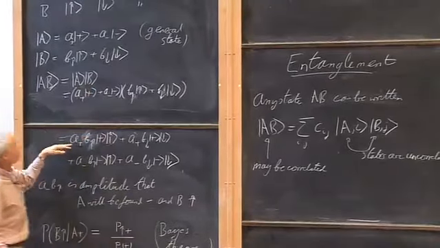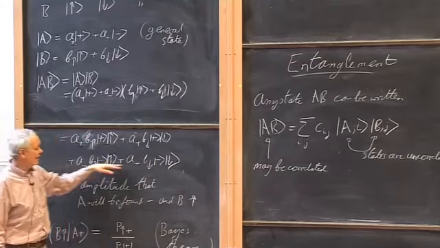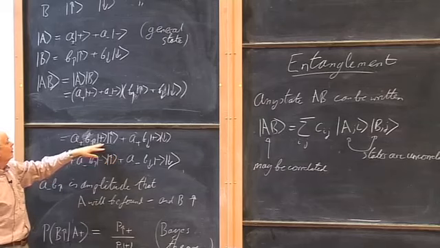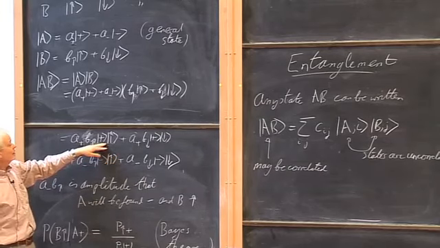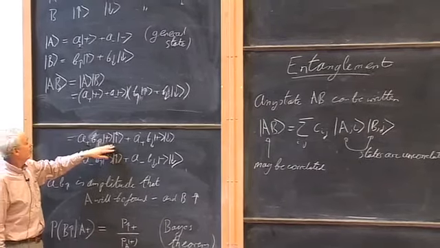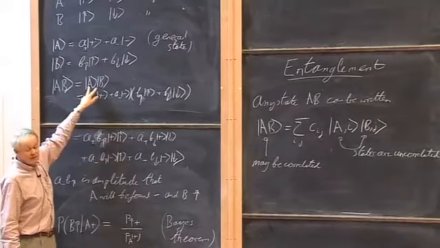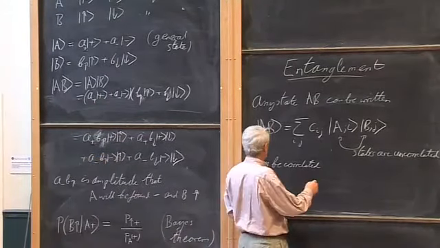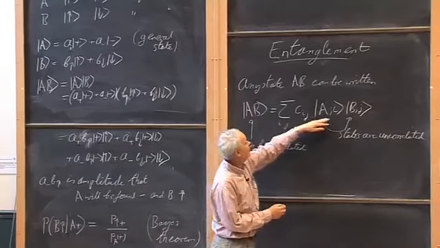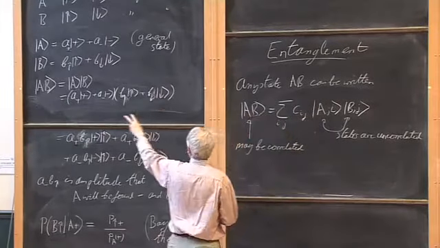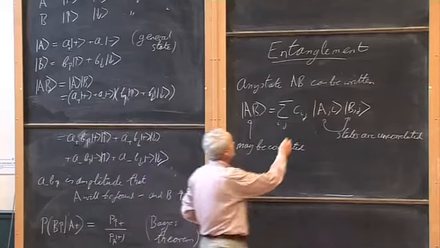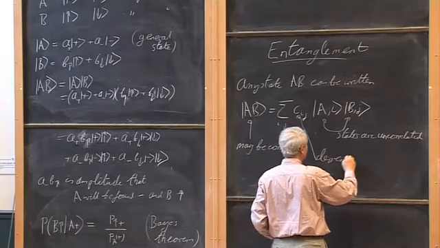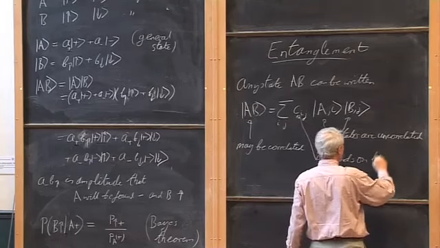Even though when you see a long list of basis states, with certain complex numbers in front, it may be that the state can be written thus. So whether this thing can be written as a product of two separate states depends on these numbers.